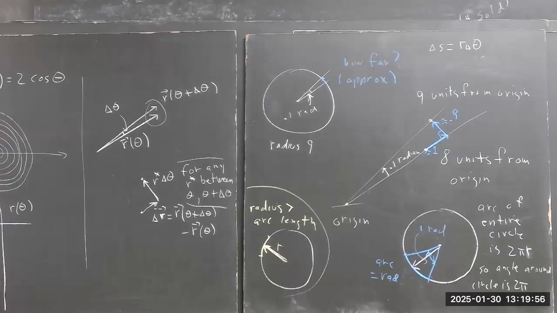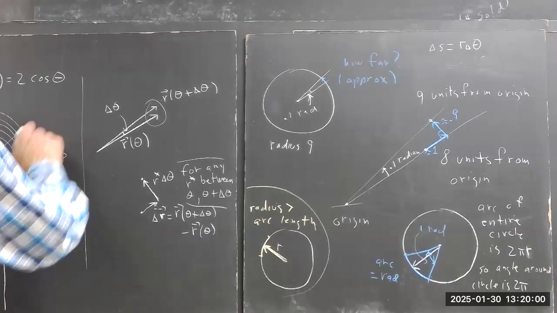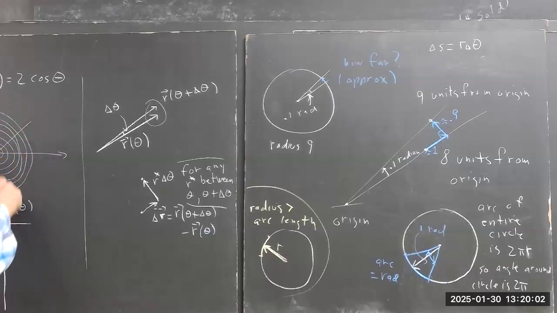So here are the angles we want: pi over 4, pi over 2, 3 pi over 4, pi, right?